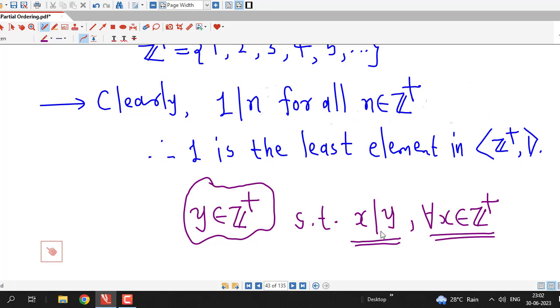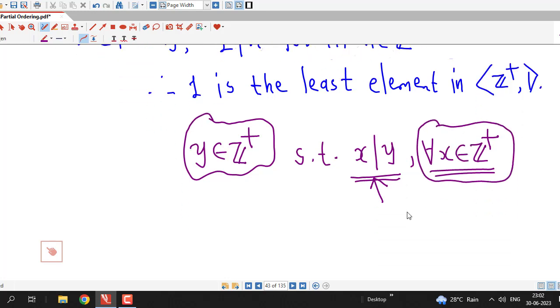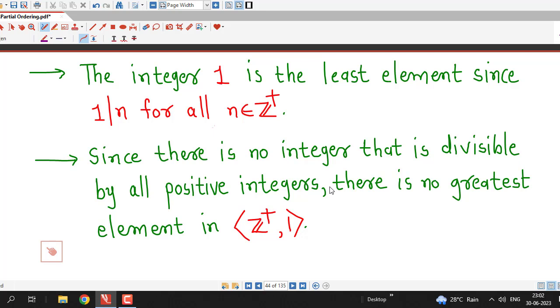So it is obvious that this is not possible because there are infinite number of positive integers, so we cannot find any y in Z plus such that this happens. There is no y in Z plus such that x divides y for every x belongs to Z plus. This means the greatest element does not exist.